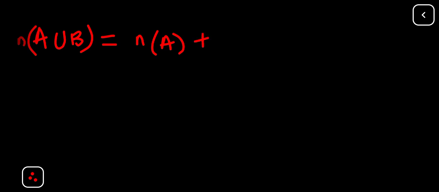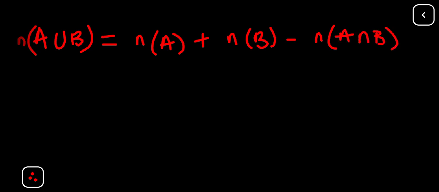The formula was A union B, which is a combination of the two sets: the number of A union B is equal to the number of A plus the number of elements in B minus the number of elements in A intersection B. In this case, we'll say that A represents the opening ceremony, so that's OC, and B will represent the gala night, that's GN.